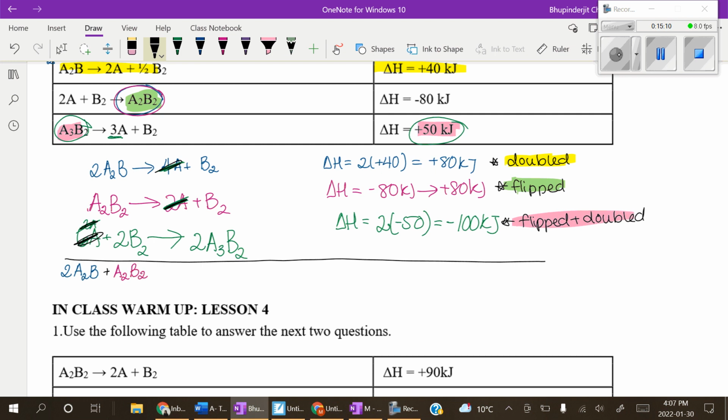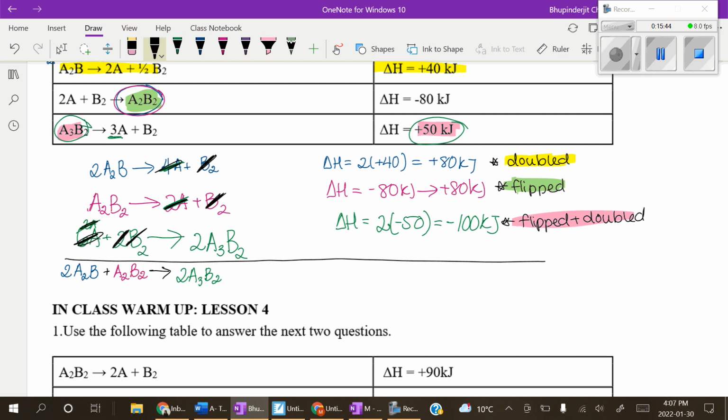Okay, then I'm going to see how many B's I have. Well, I have a B here, so that takes away one of my B's. And then I have another B2 there, so it takes away my other B2. Okay, now going to our products, I have 2A3B2. I see none of those on the reactant side, so I'm going to be able to keep that as is. 2A3B2.